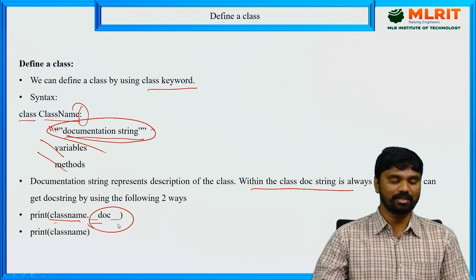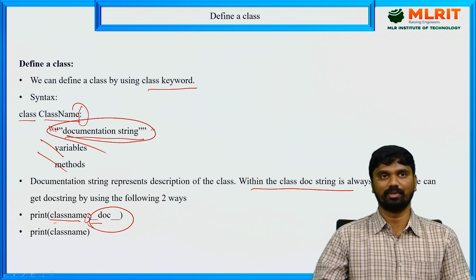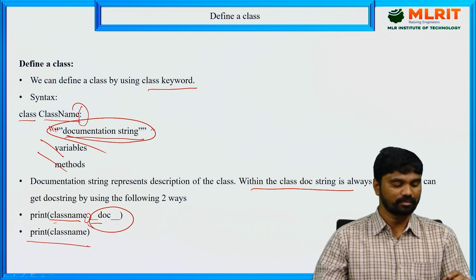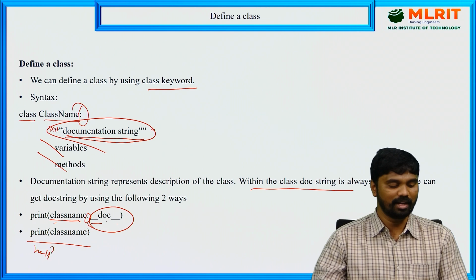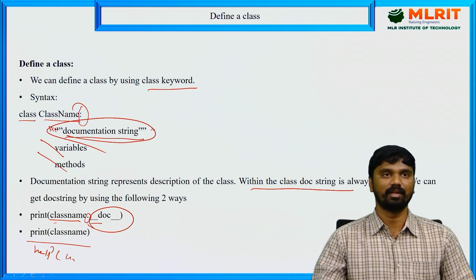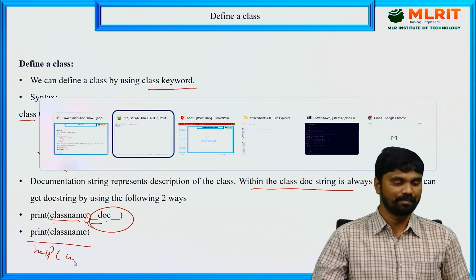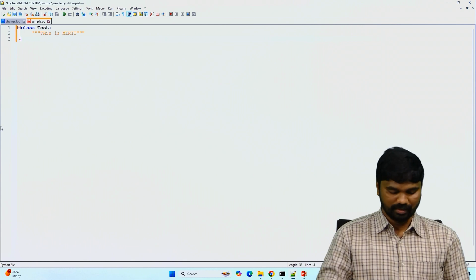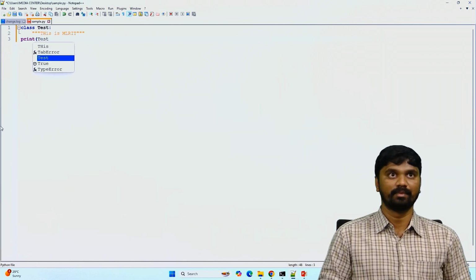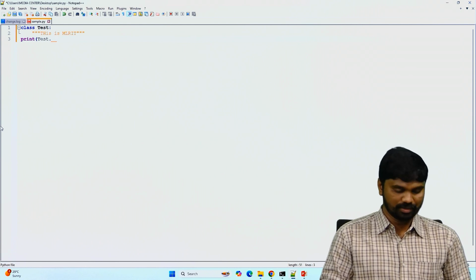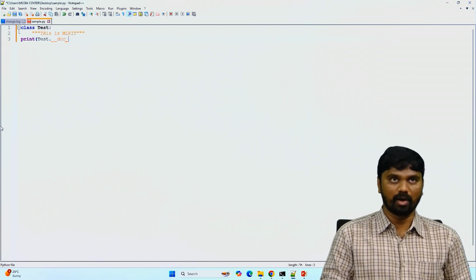Or we can use help with the class name. So print Test dot double underscore doc double underscore.